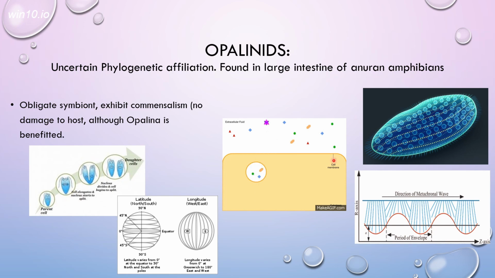So unlike the other types of fission I showed, here the type of fission is mainly binary fission only. However, it happens in the longitudinal plane, and in the earlier picture you remember it was through the latitudinal plane.